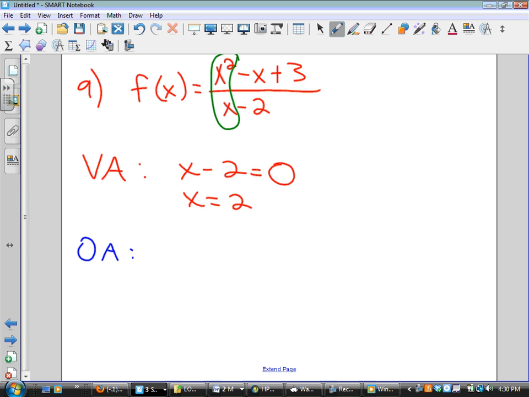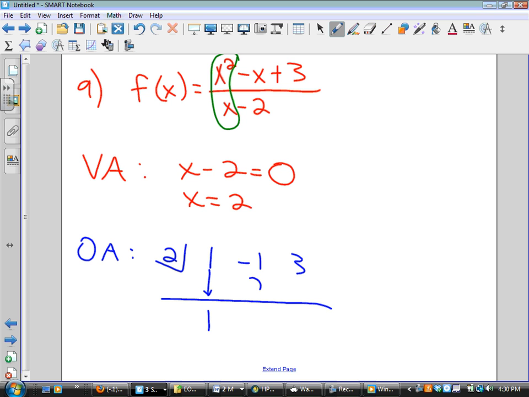So what we can do is say that our reference number is 2, and we can figure that out by setting x minus 2 equal to 0. And then write the coefficients of each term to the right. And then we're going to bring down the first term, which is 1.